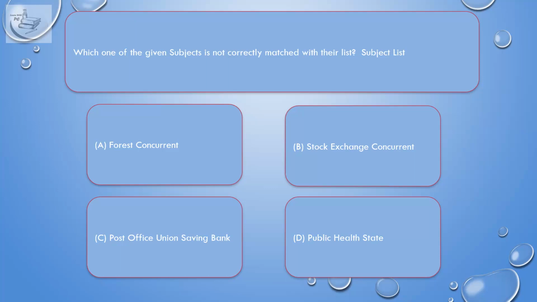Question: which one of the given subjects is not correctly matched with their list? A. Forest, concurrent. B. Stock exchange, concurrent. C. Post office, union savings bank. D. Public health, state. Correct answer is B. Stock exchange, concurrent.